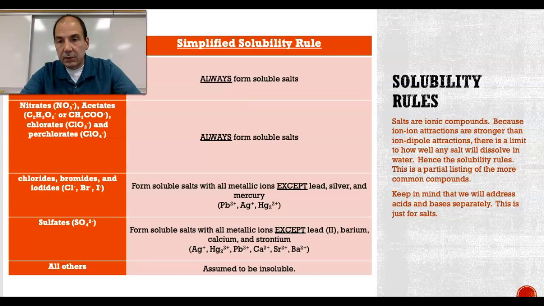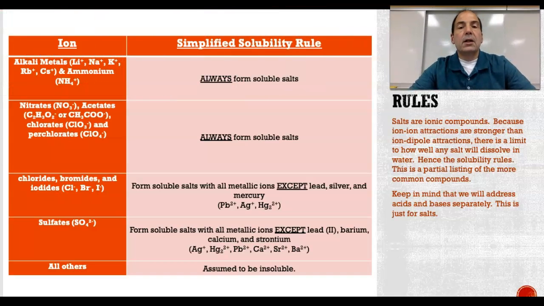Let me slide over out of the way. Okay, the solubility rules we've talked about before. You should be somewhat familiar with them. We're talking about ionic compounds, or specifically salts, which are composed of anions and cations, and if they're soluble, that means they dissolve in water.